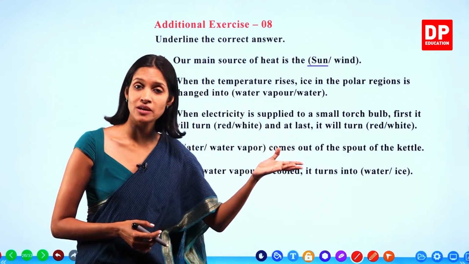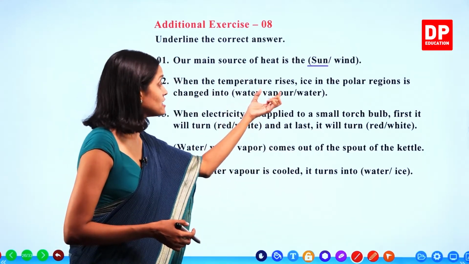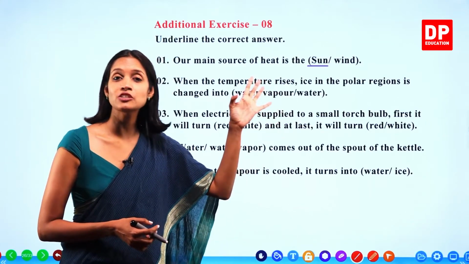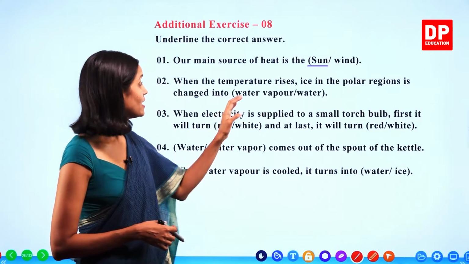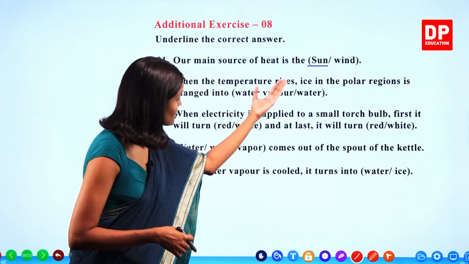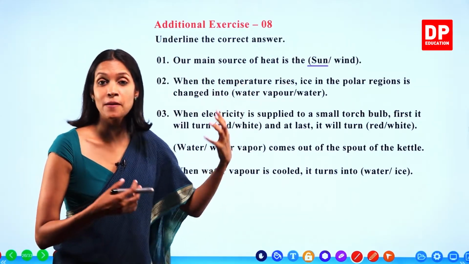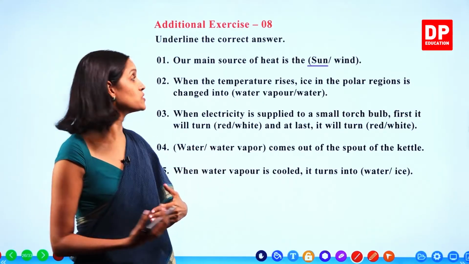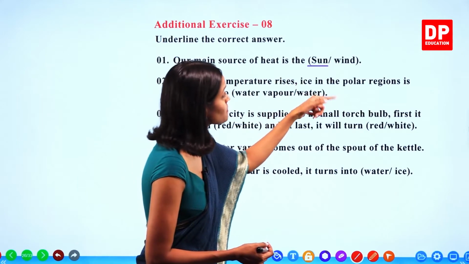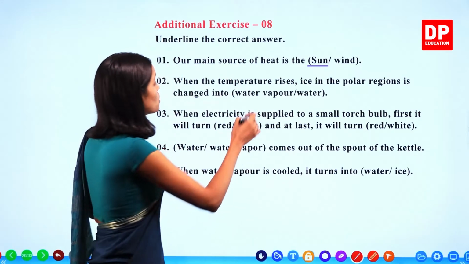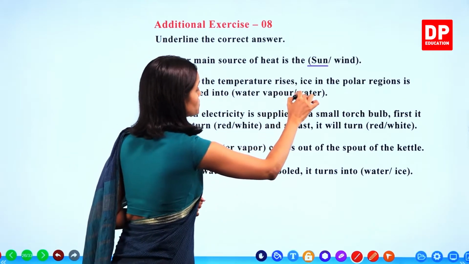Because of the temperature rise, ice, or the solid water, turns into its liquid. Change of states of matter. Right? When heat is provided to ice, what happens? They melt, which means they turn into water, right? Water is the answer.